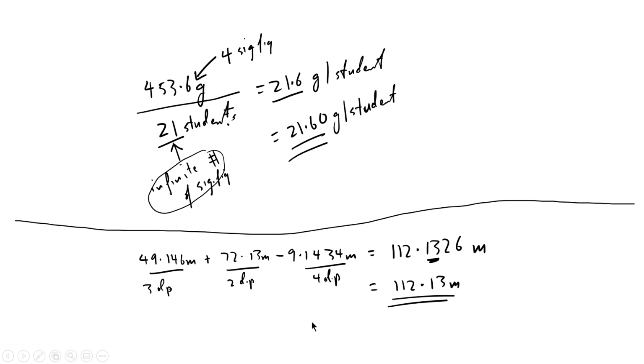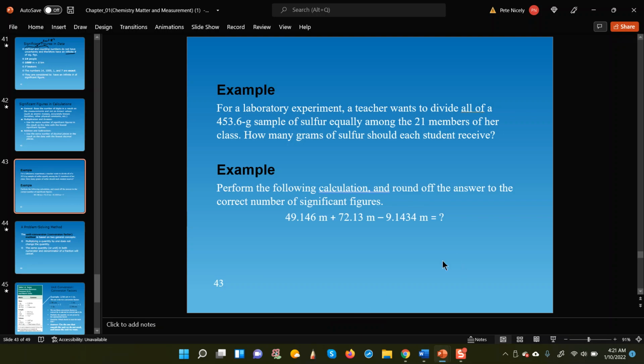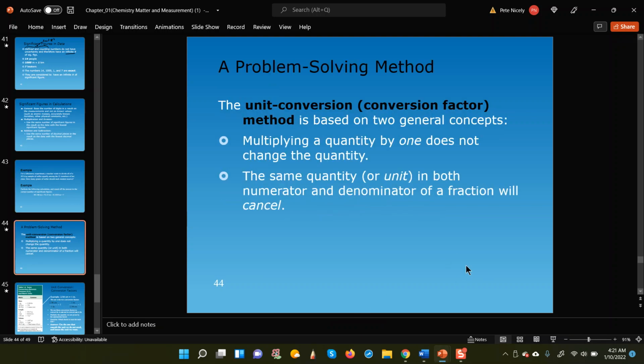All right? Okay, so that's as far as those examples are concerned. So let's move on now to a discussion of the problem-solving method, which involves unit conversion. All right, so what we're looking at here is how do we convert a value expressed in one unit to another unit, right?